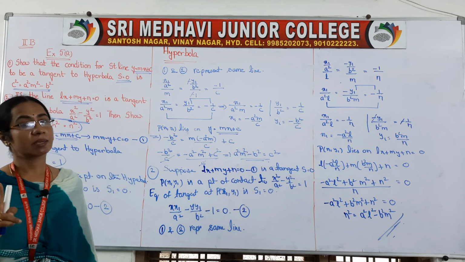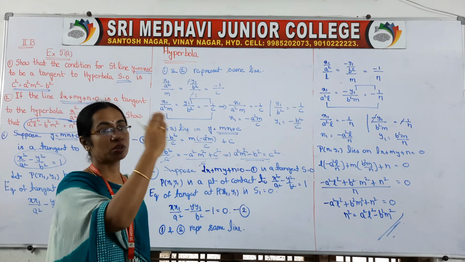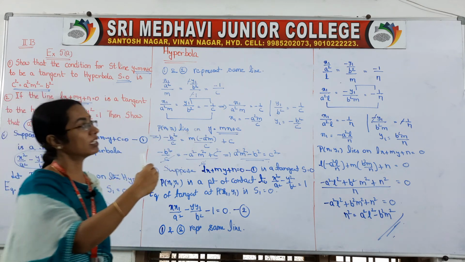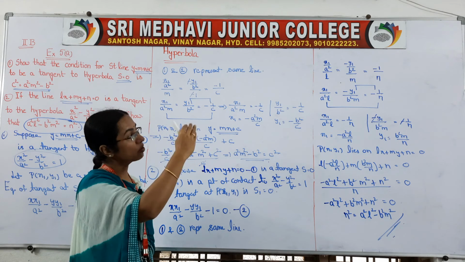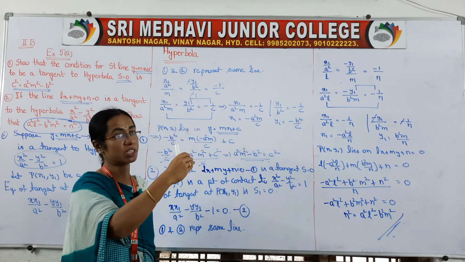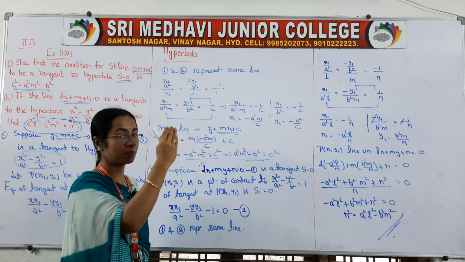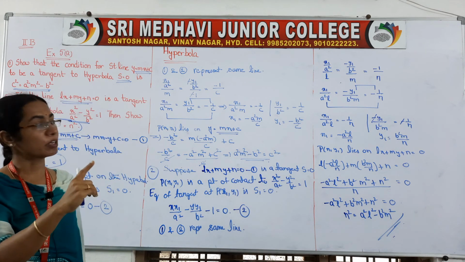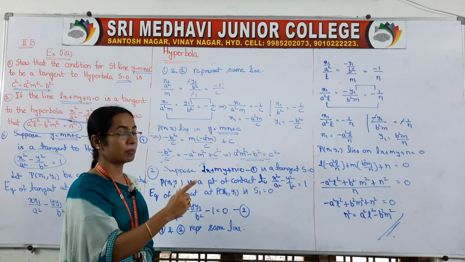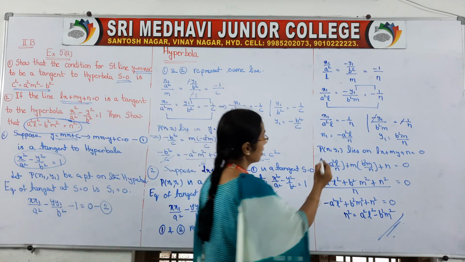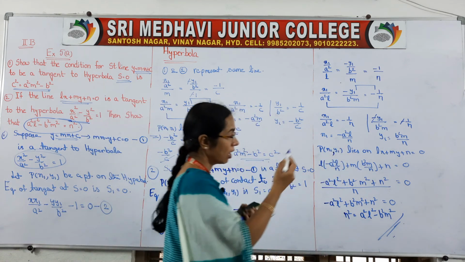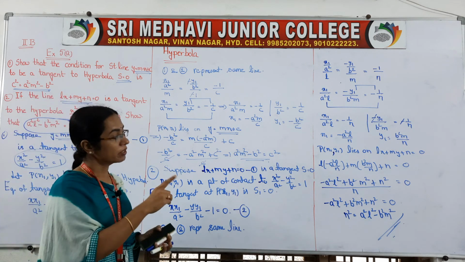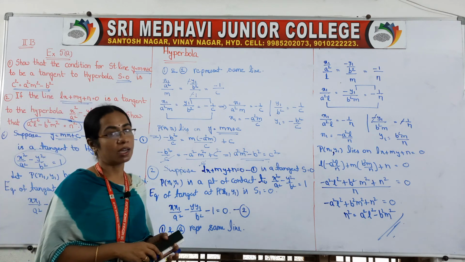If two lines represent the same line, we have to take x coefficient of one line by x coefficient of another line is equal to y coefficient of one line by y coefficient of another line is equal to constant by constant. Try to get your x1 y1 value, and this point P(x1, y1) lies on the line Lx plus My plus n is equal to 0. Substitute, you will get your answer.